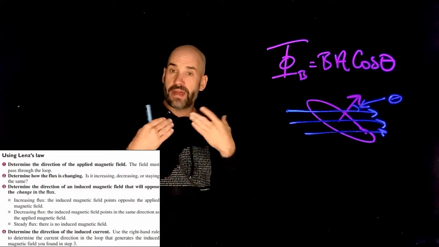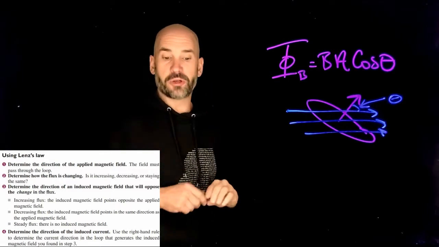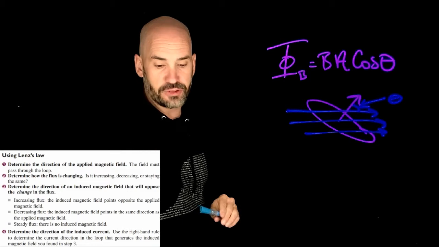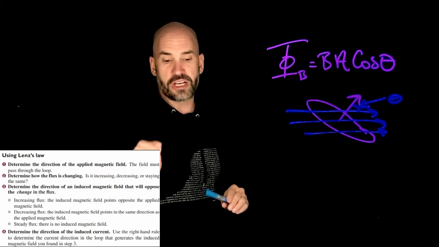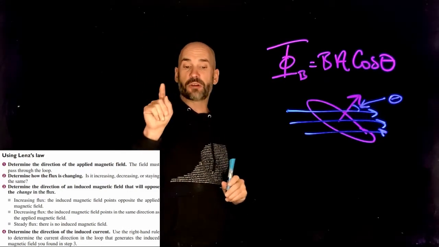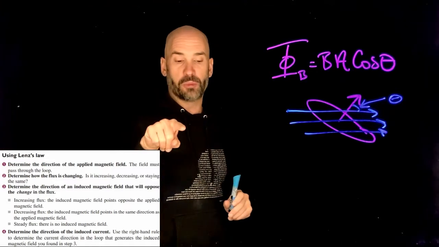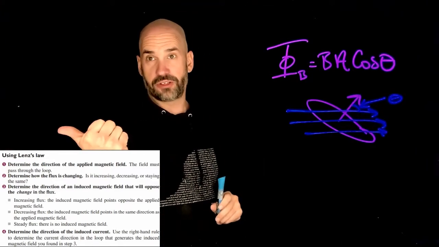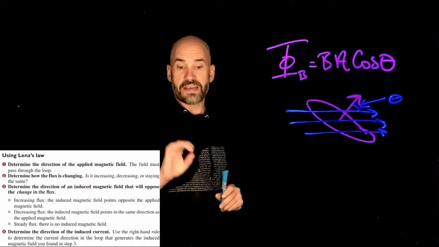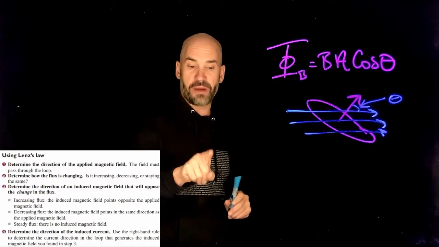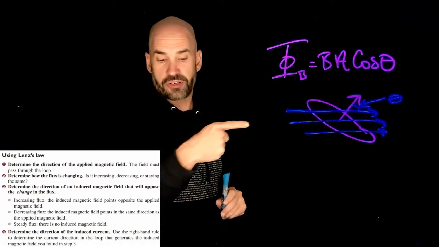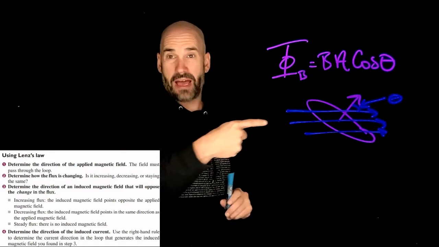And then from that change in flux, step three, you could determine the direction of the induced magnetic field that will oppose the change in flux. If there's increased flux, the induced magnetic field will point in the opposite direction of the applied field. If there's decreasing flux, the induced magnetic field is going to point in the same direction as the applied field, because you want to get it back, you want more of it.